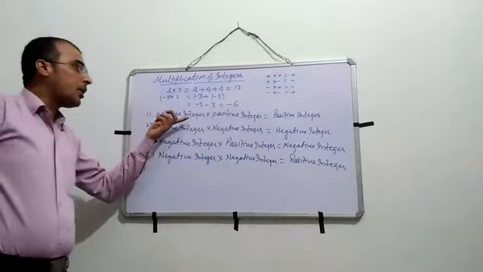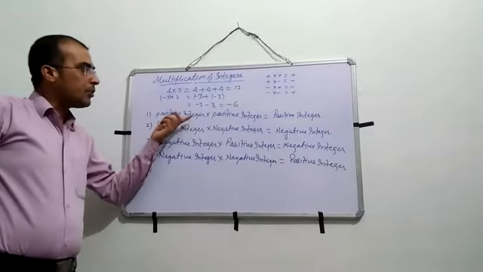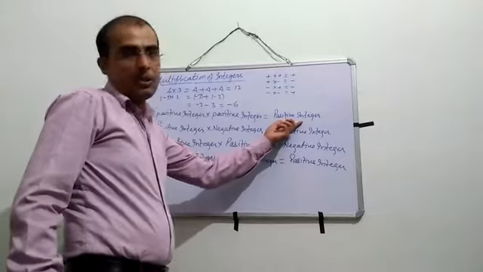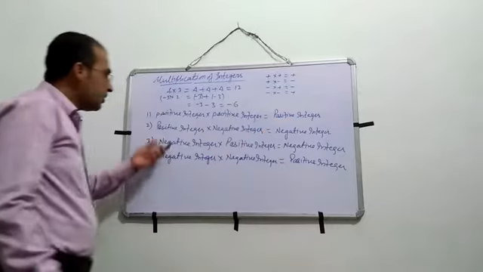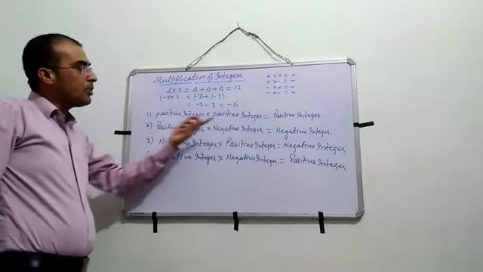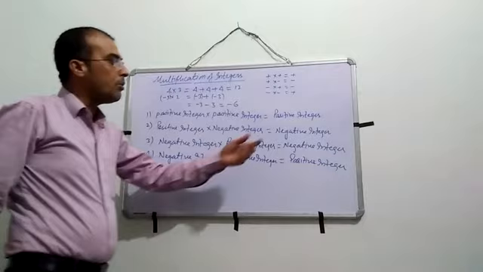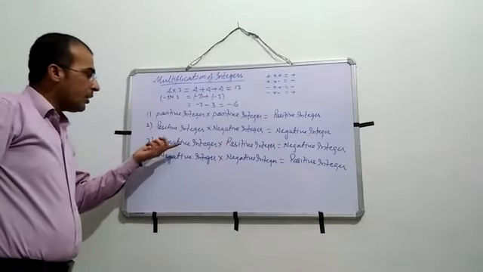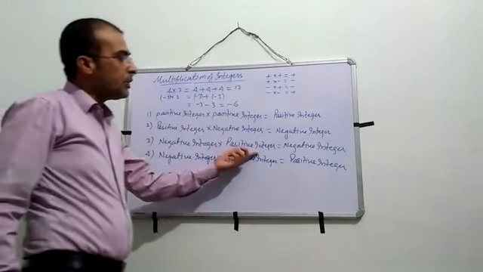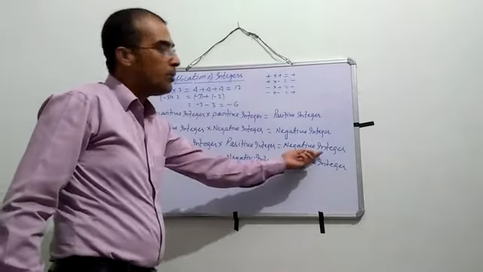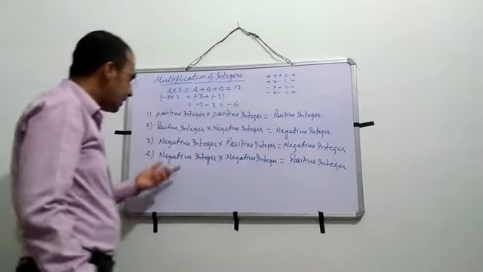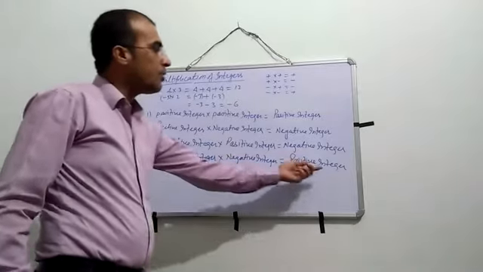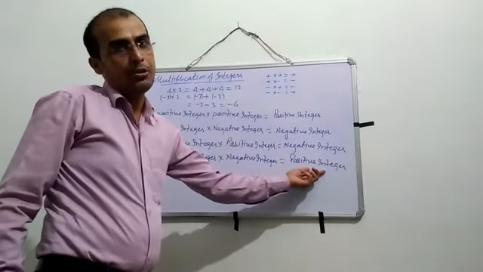So if you multiply a positive integer with a positive integer, the product will always be a positive integer. A positive integer multiplied with a negative integer gives a negative integer. A negative integer multiplied with a positive integer gives a negative result. And a negative integer multiplied with a negative integer gives a positive integer.